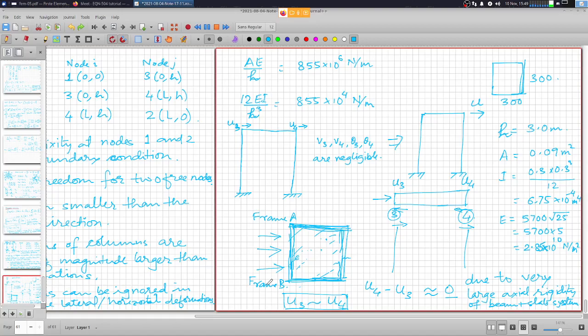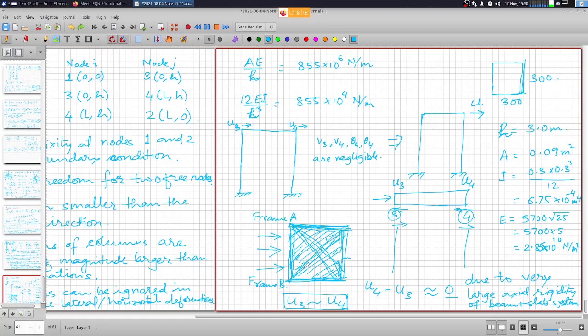So when we say that the rigid beam slab system acts as a rigid floor diaphragm, the axial deformations within this diaphragm are very small, and we can ignore all axial deformations within this plane.